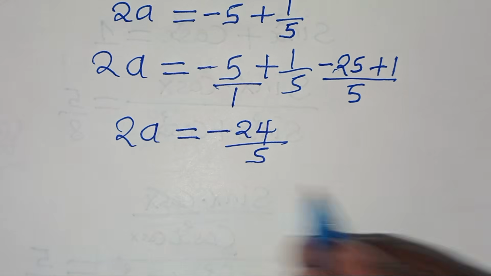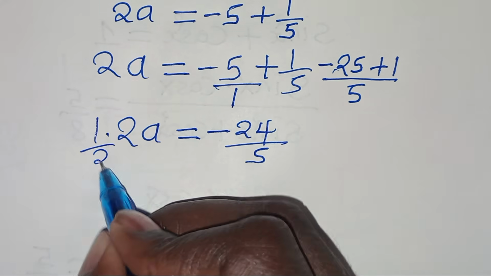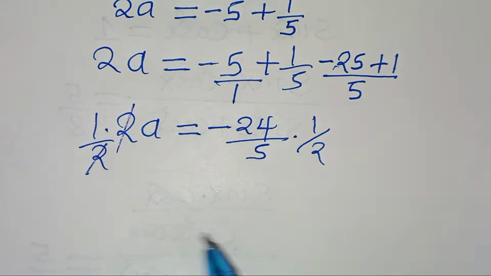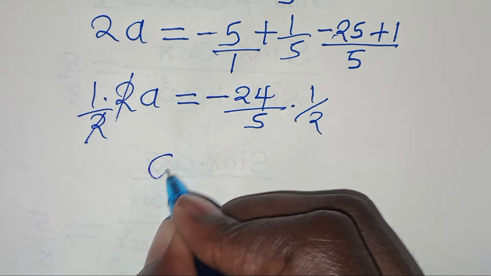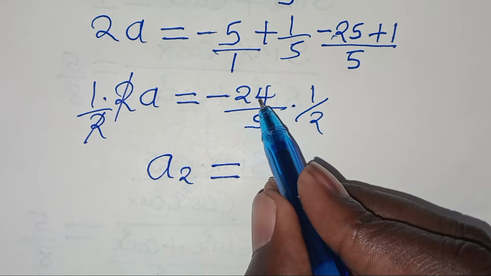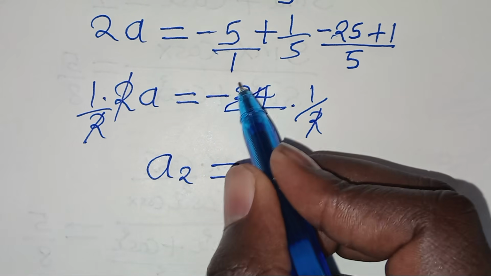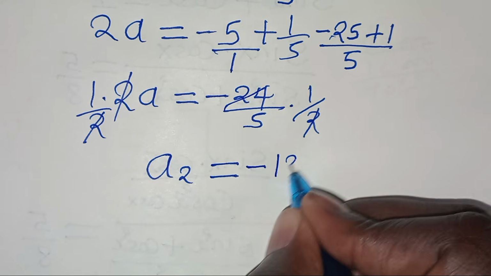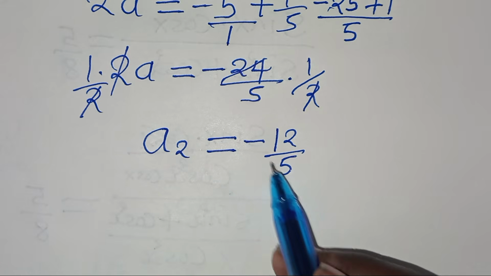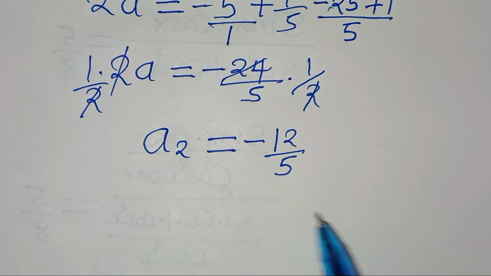Now let's multiply both sides by 1 over 2, so that we simplify 2 and 2, so now we have a2 is equal to negative 24 divided by 2, this becomes negative 12 over 5. So we have the value of a2 is minus 12 over 5.